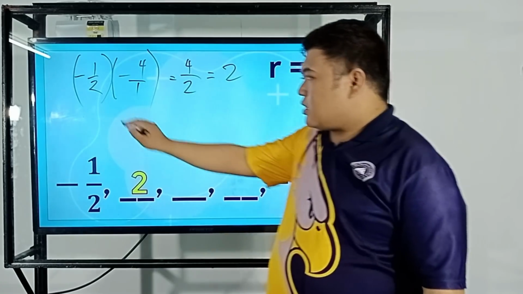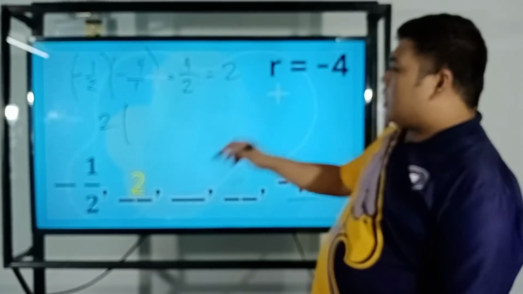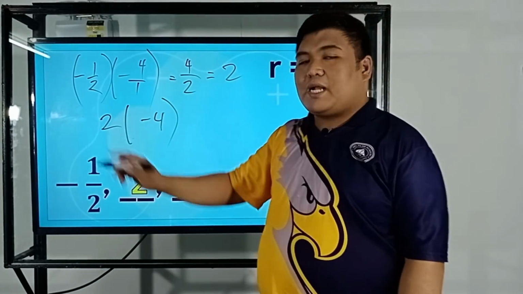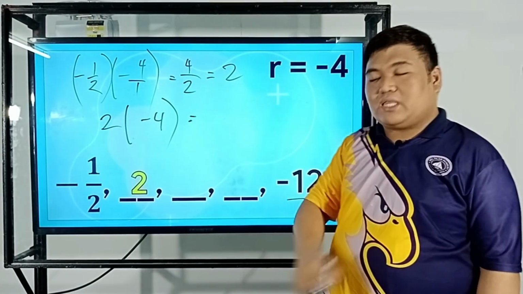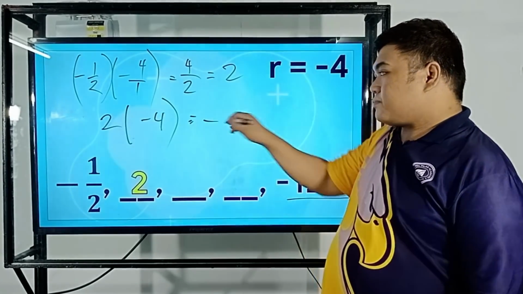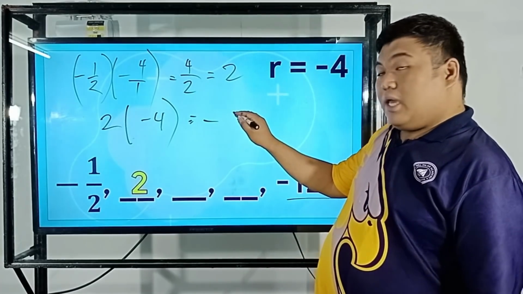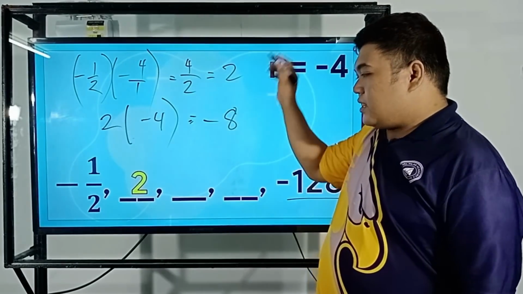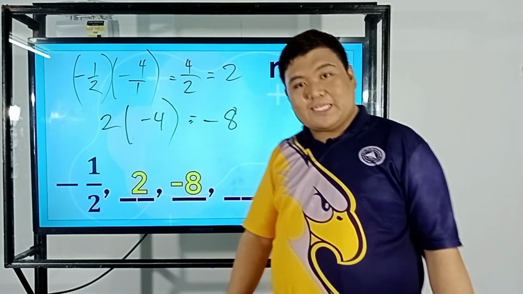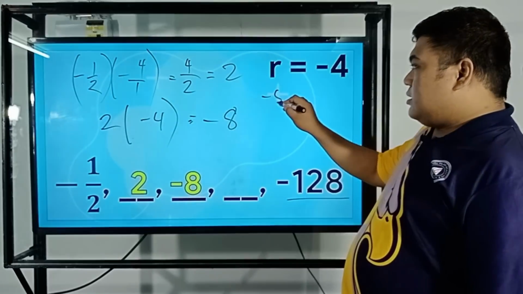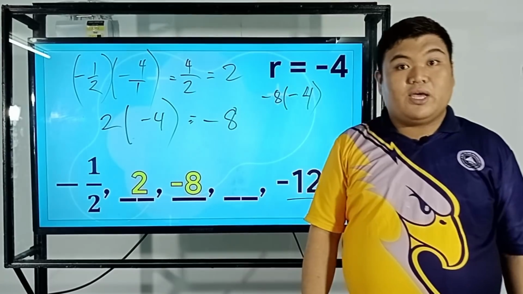Next, multiply again. The term we got, positive 2, times the common ratio, negative 4. Here, the signs are different again. One positive, one negative. So therefore, the answer is negative. 2 times negative 4 is negative 8. Negative 8 will now be our third term. And for us to get the last term, multiply negative 8 by negative 4.